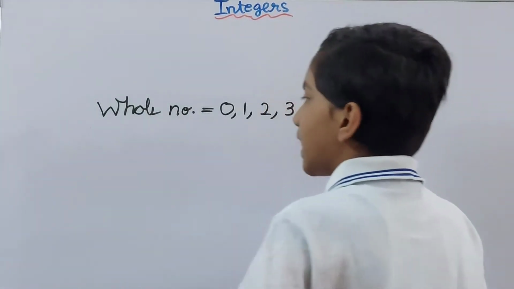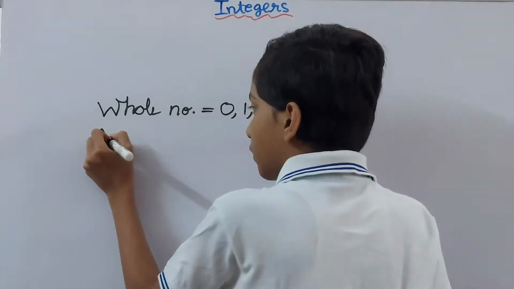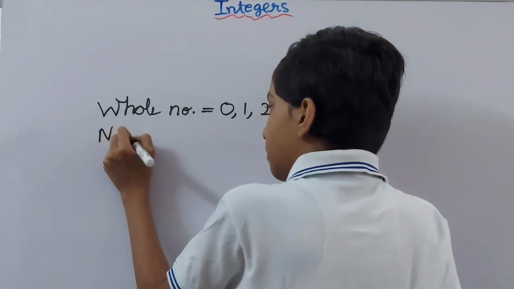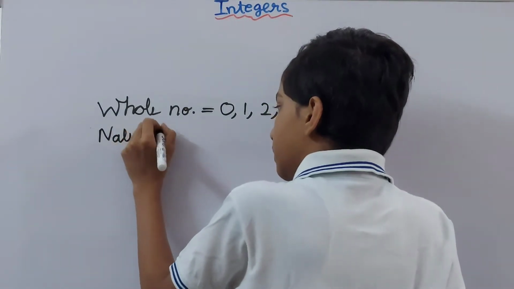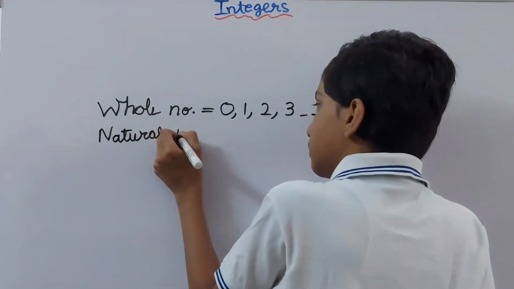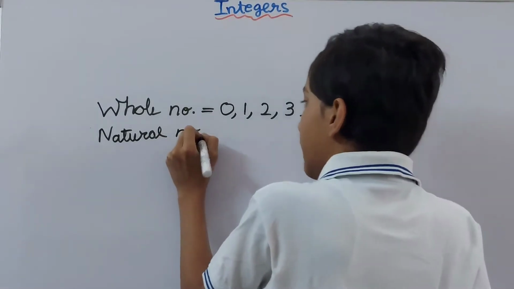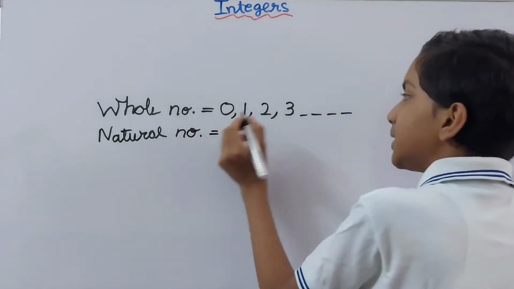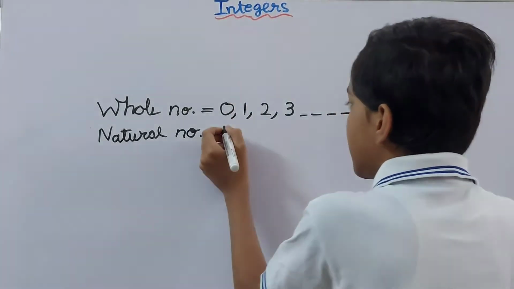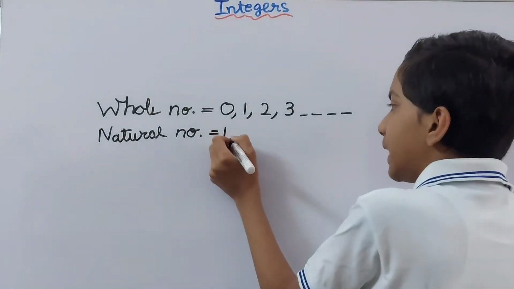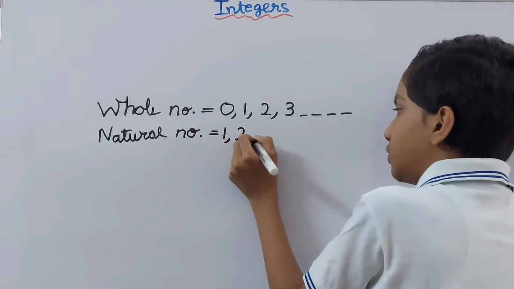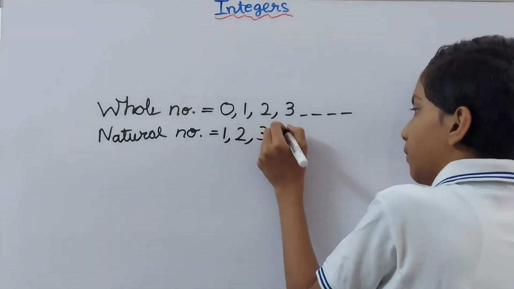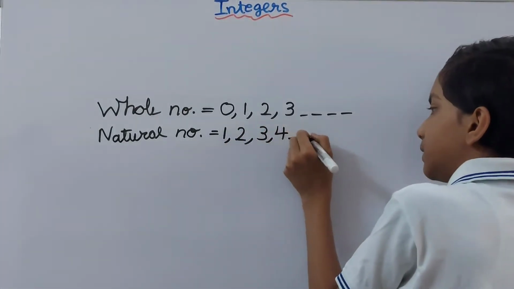And then the next type of number we discussed was natural numbers. The numbers we see in natural numbers don't start from 0, they start from 1, and then 2, 3, 4 and so on.